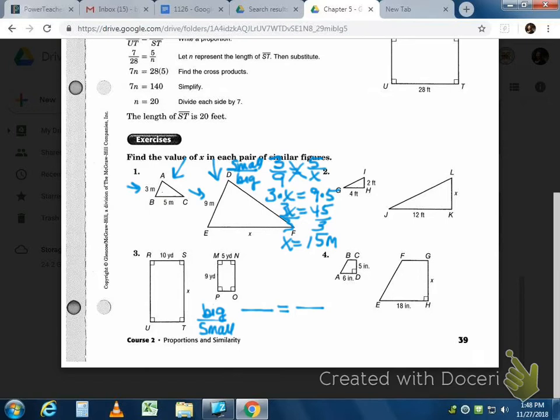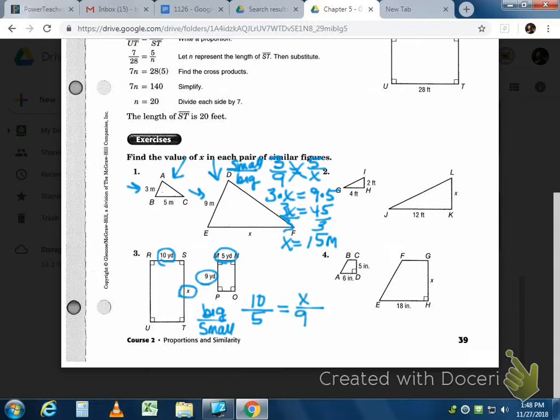What two corresponding sides are listed that match up from the big to the small? 10 and 5. 10 matches 5. 10 over 5. What other two sides match up now? X and 9. X on top because it's from the big. X matches up with the 9.